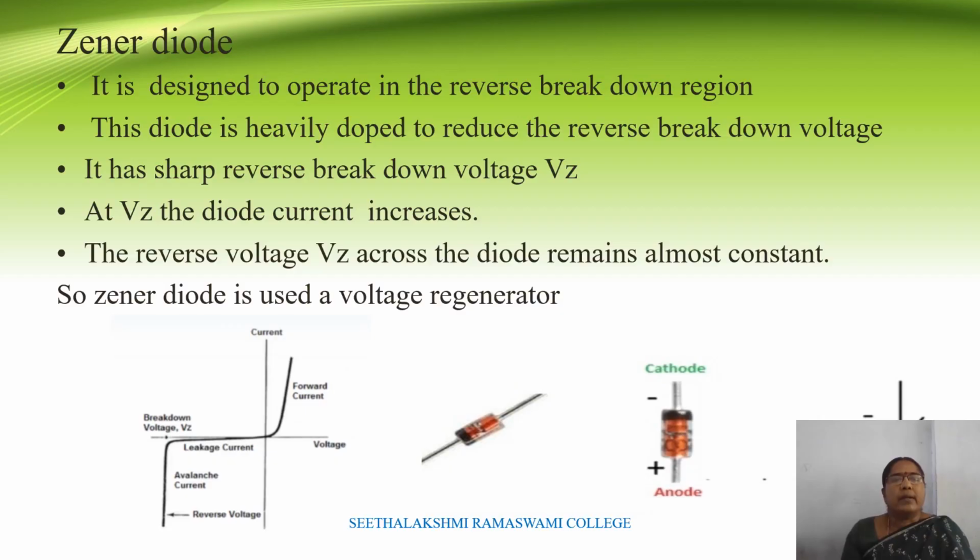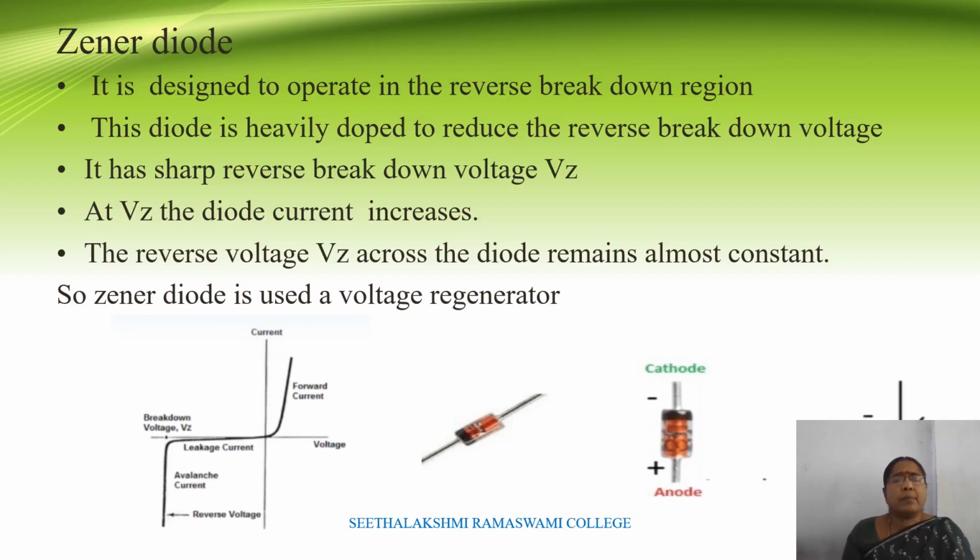Zener diode. The Zener diode is designed to operate in the reverse breakdown region. At breakdown voltage, the Zener gives a constant output voltage. This breakdown voltage is reduced due to heavy doping.